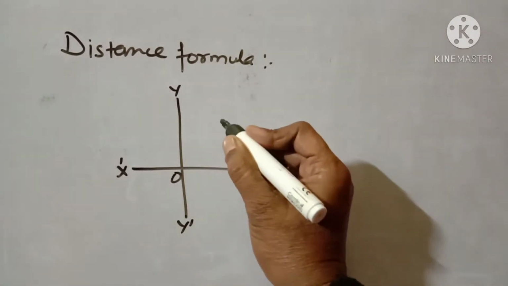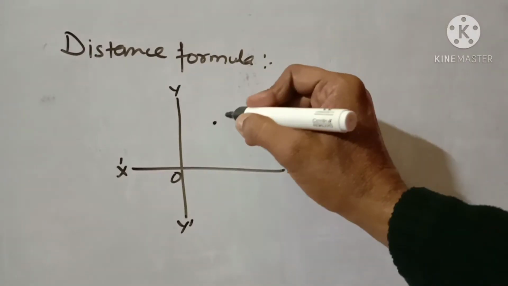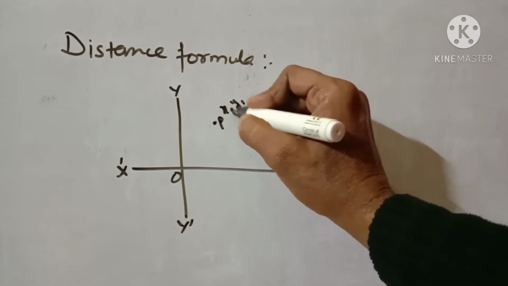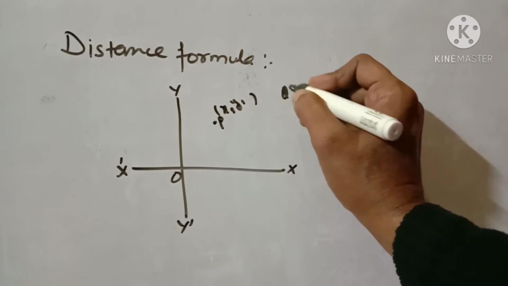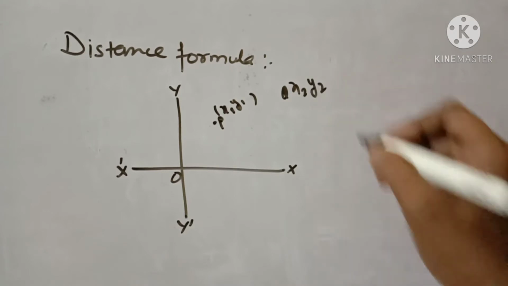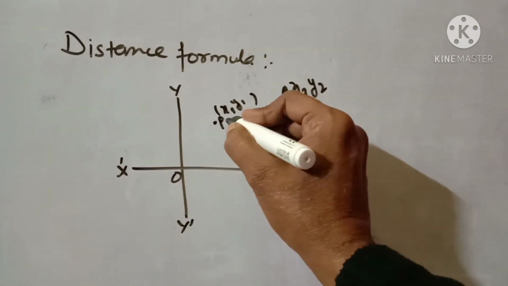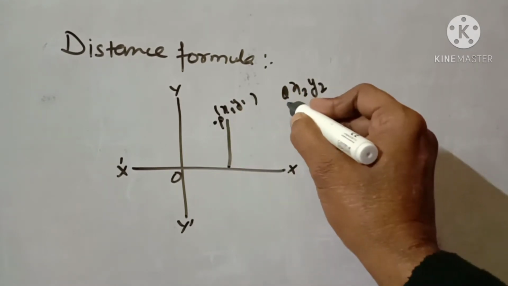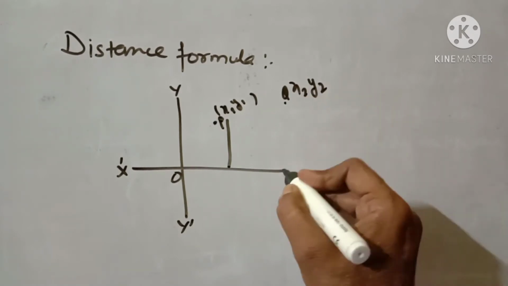This is P. This point is given as x1, y1. And this is the Q point, given as x2, y2. From P to PM I have drawn one perpendicular line on the x-axis, and from Q to QN, extended a little bit.